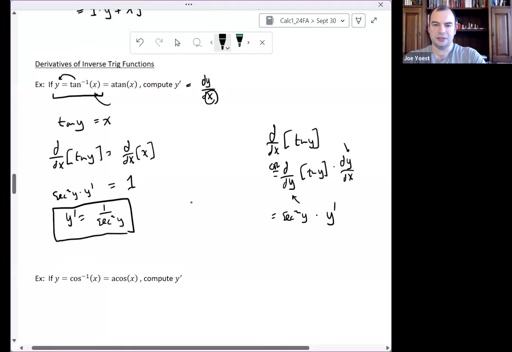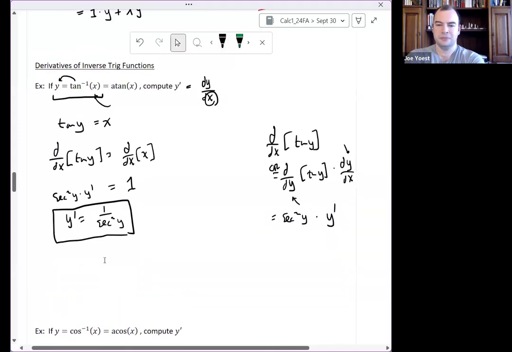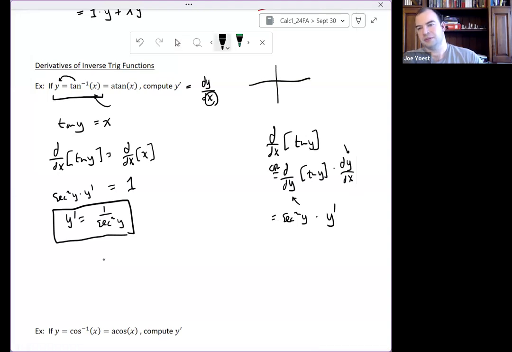Now it turns out that I can do a little bit better here. And why is that? Well, y equals arctan x, it's an actual function. Kind of what I was using here is I kind of chose to write it as an implicit function in a way, an implicit relation, but it's an actual function. In other words, if I know x, I know exactly where I am on the graph.